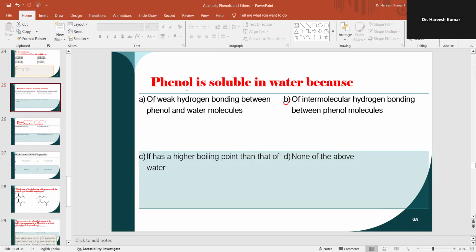Phenol is soluble in water because of intermolecular hydrogen bonding. That means phenol forms intermolecular hydrogen bonds with the water molecule, which makes phenol soluble in water.